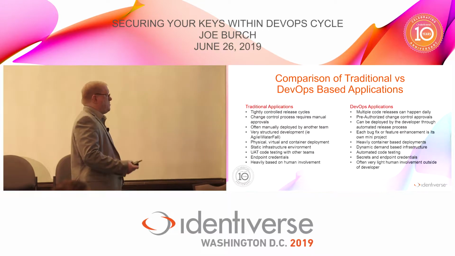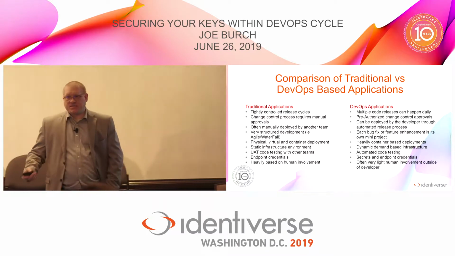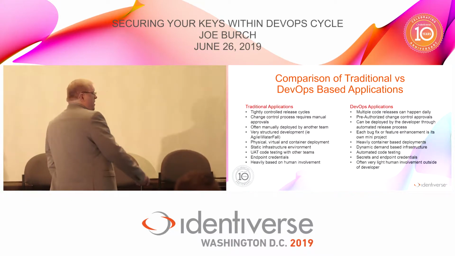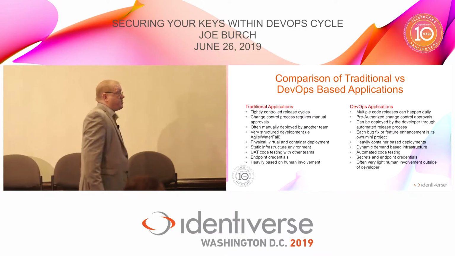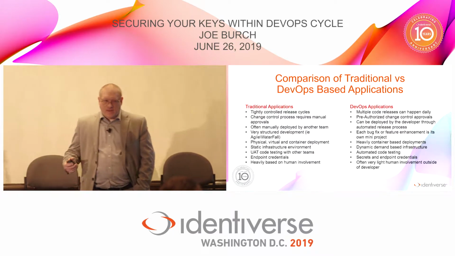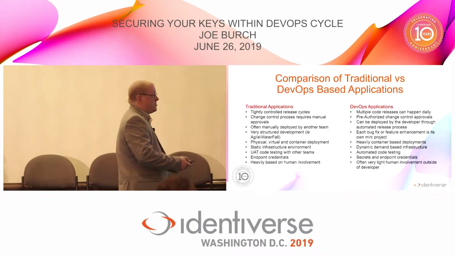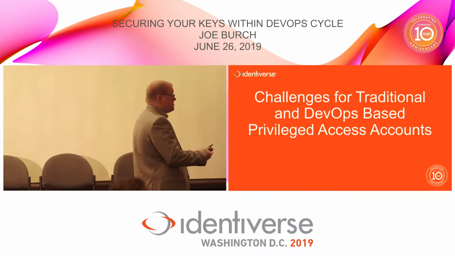Normally the traditional side doesn't really deal with that so much. It's more along the endpoint credentials. And again, the main difference between the two is that the DevOps side is very automated, and the traditional is not so much. Okay, so what are the challenges here?